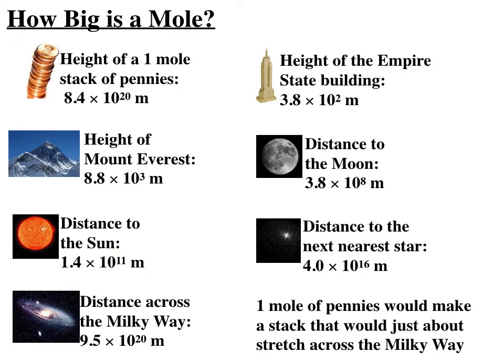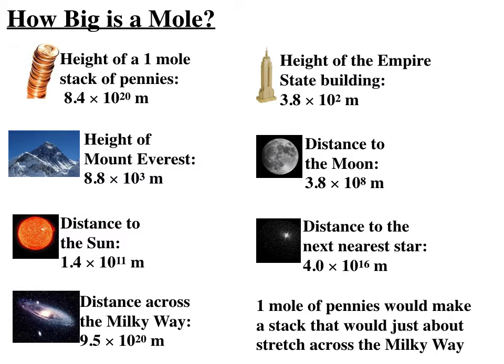Our stack of pennies, that is a mole high, is 8.4 times 10 to the 20 meters high. Well, the Empire State Building is 3.8 times 10 to the 2 meters high. So we've got to go a little bit further. To the top of Mount Everest is 8.8 times 10 to the 3 meters, 8,800 meters.